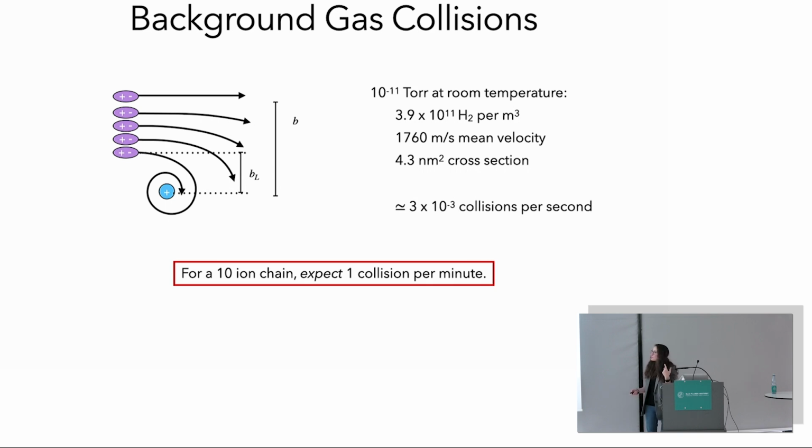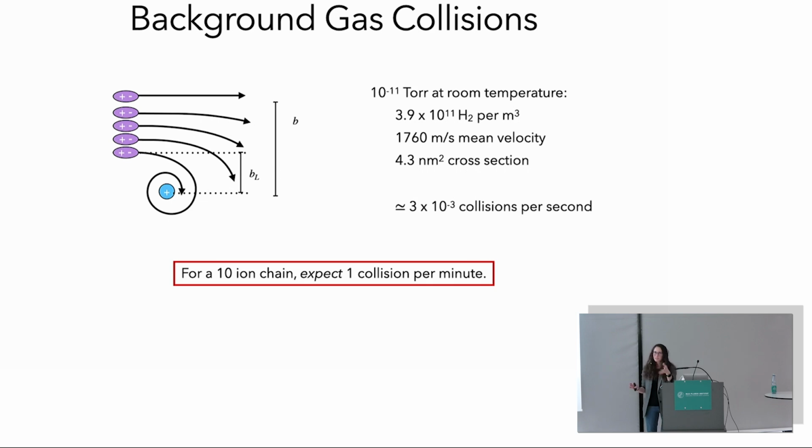And so currently, this is the error that you accept. So you expect a collision per minute for a 10 ion chain, which is kind of annoying right now when you're running an experiment. And actually these rates are even higher for experiments by a couple orders of magnitude.